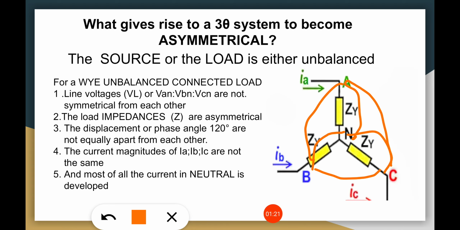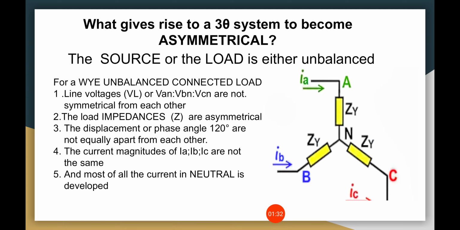These are not symmetrical from each other, meaning they don't have the same values, so that's why they call it asymmetrical. The impedances are also asymmetrical. They don't have the same values as compared to the balanced load.